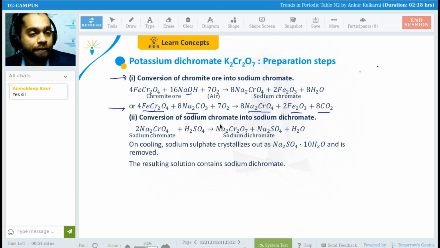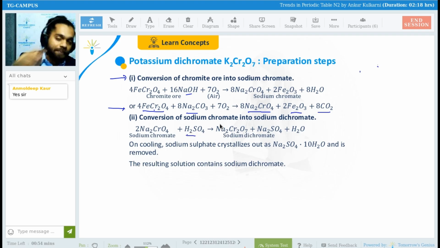Now from the chromate we are going to get dichromate, because that is what we require. So I have treated it with acid, and since I treated with acid, your chromate has become dichromate. From chromite we have got chromate, and from chromate we have prepared dichromate.